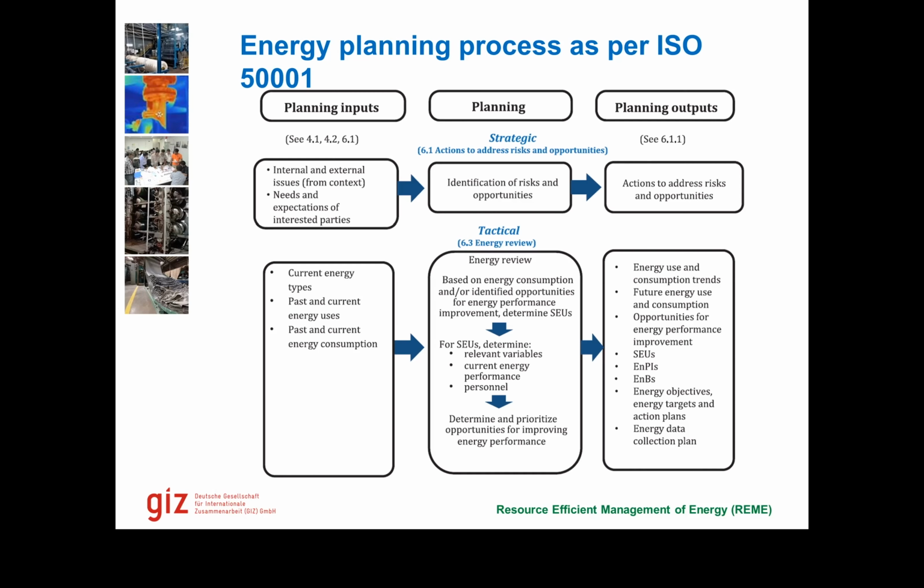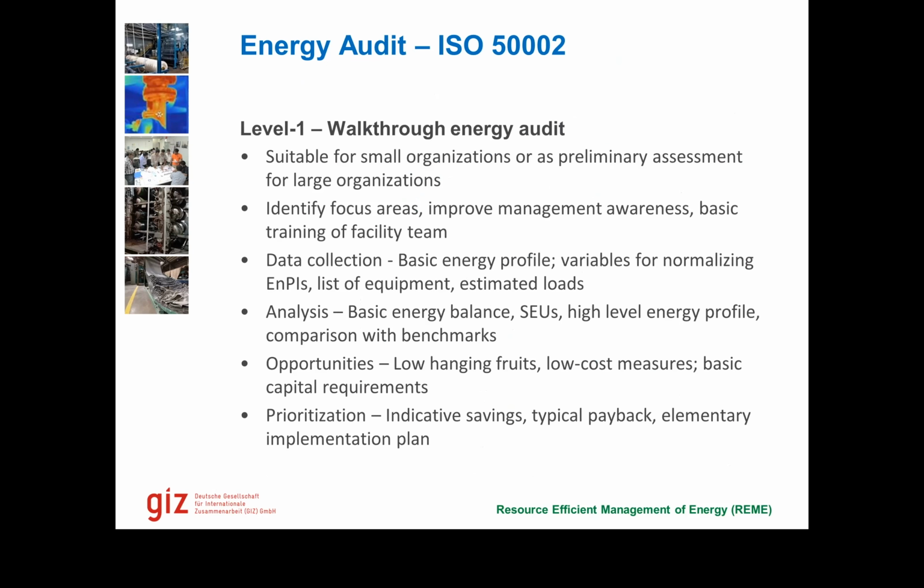So this was only an energy review, and it is important to understand that regardless if a factory conducts an energy audit or not, this is a basic level of energy review that at least they need to have internally to have a process of assessing their current situation and trying to improve their current situation.